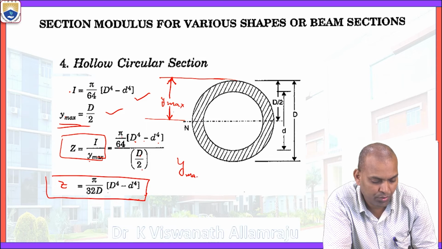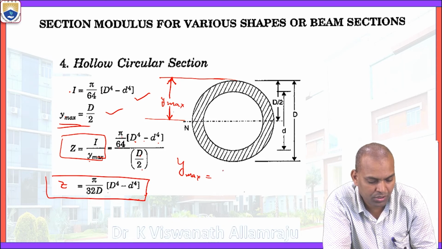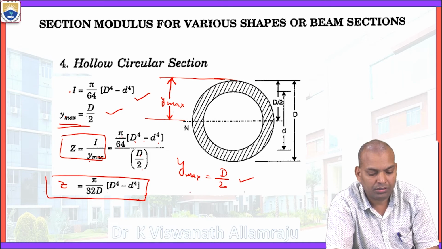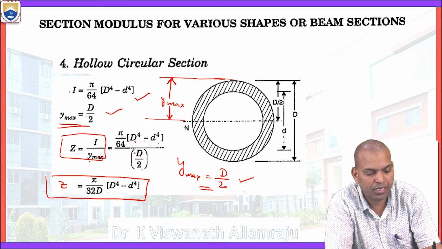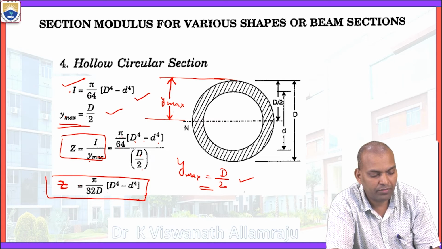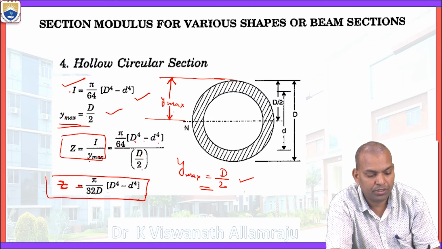That Y maximum equal to, what is the topmost layer? Capital D by 2. If you substitute this Y maximum and moment of inertia values, then Z equal to I by Y max, where I is the area moment of inertia and Y max equal to capital D by 2.